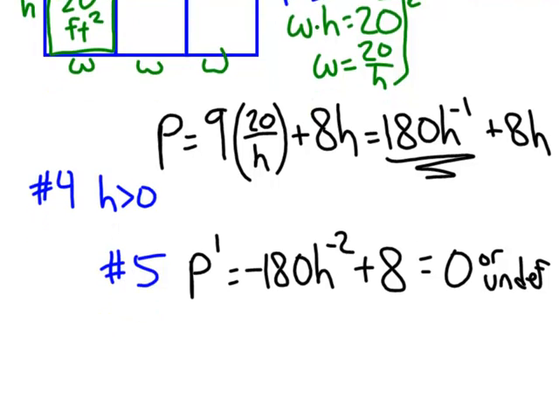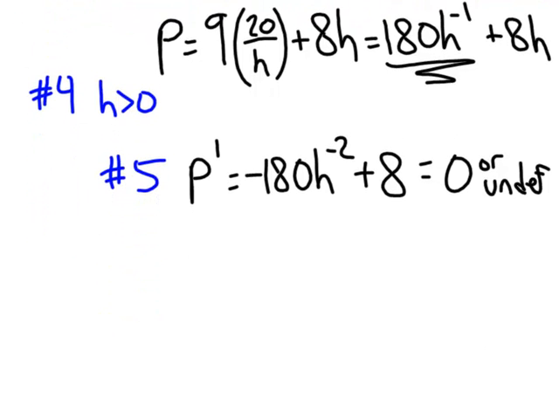I know that undefined never seems to yield anything useful, and I'll admit, in optimization problems, I'm not sure if I've ever seen the undefined yield anything useful, but we should still write it just to stay in practice. Okay, so let's simplify a bit here. We've got negative 180 over H squared plus, let's do common denominators, 8H squared over H squared equals 0.